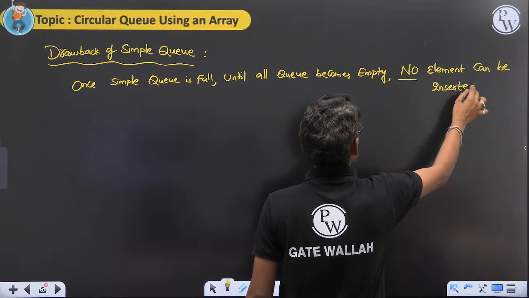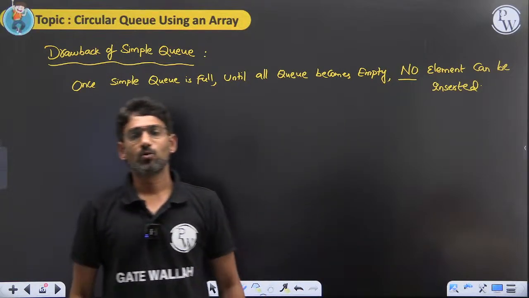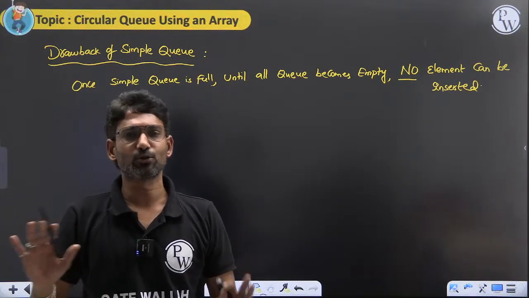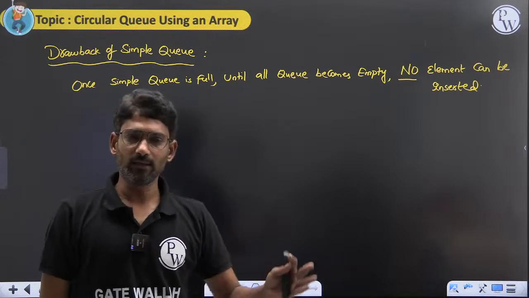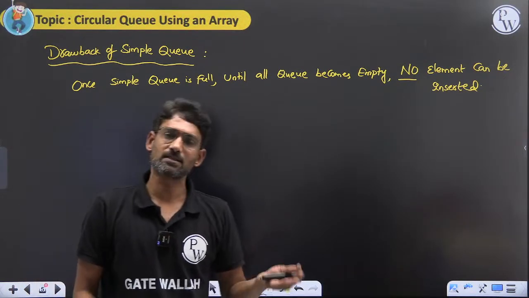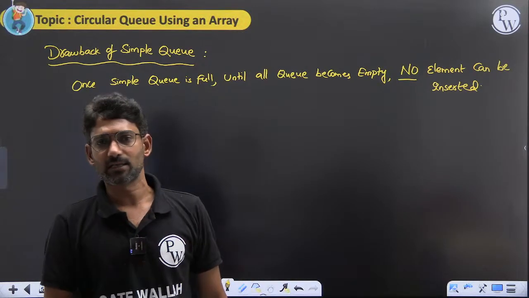Because if you delete all the elements, at the last deletion you will set front and rear to -1. So then when we verify the overflow condition, it will be false, and it again starts inserting.